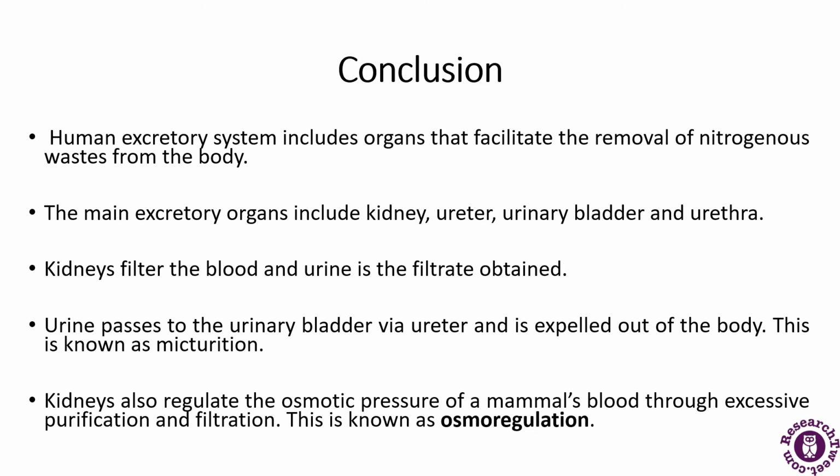Now if I want to conclude and say what the functions of the human excretory system are: the main function is to eliminate the wastes from the body which are generated as byproducts of metabolism. It also works to maintain homeostasis, which is basically maintaining an equilibrium in the body by keeping the temperature and fluid balance stable.